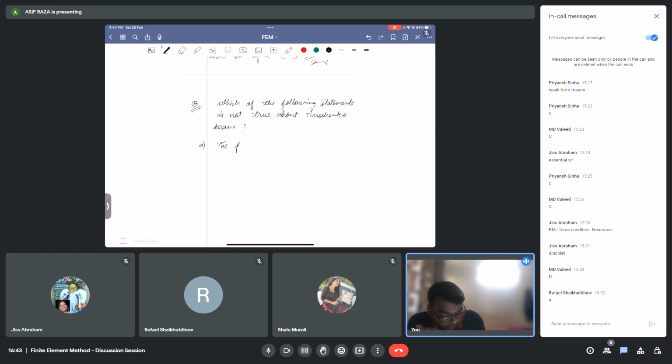So the primary variables are displacement and slope. Second option, the secondary variables are shear force and bending moment.